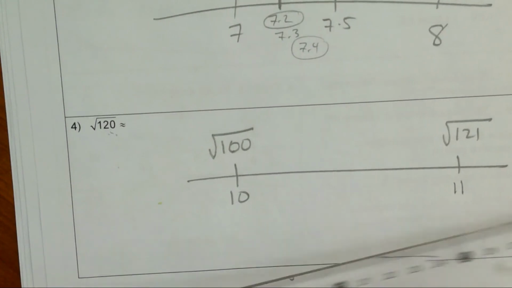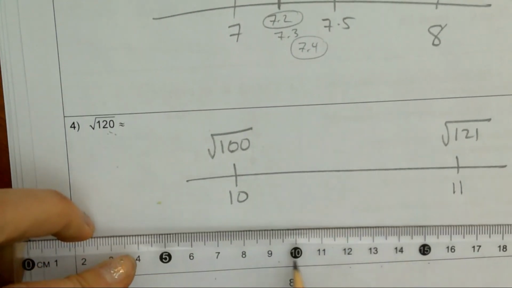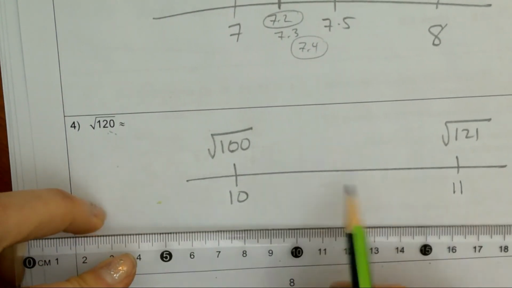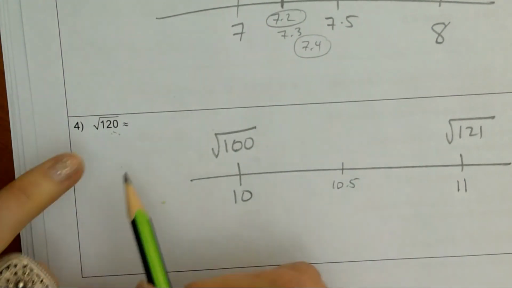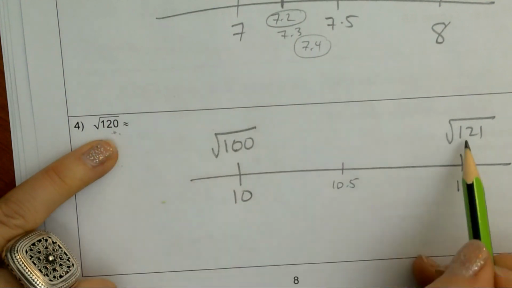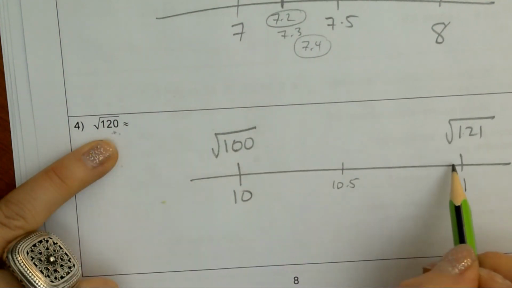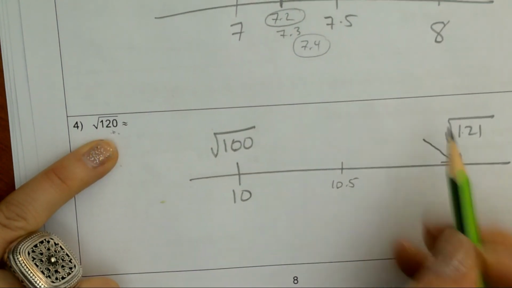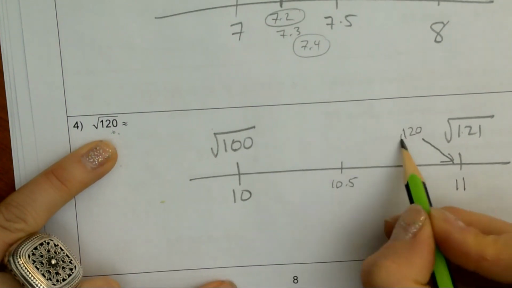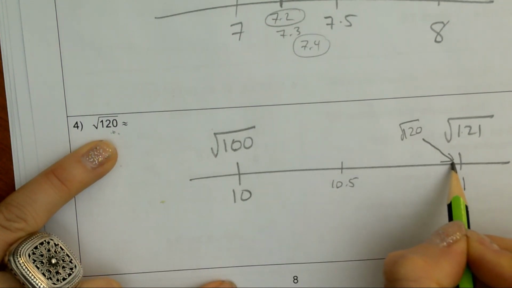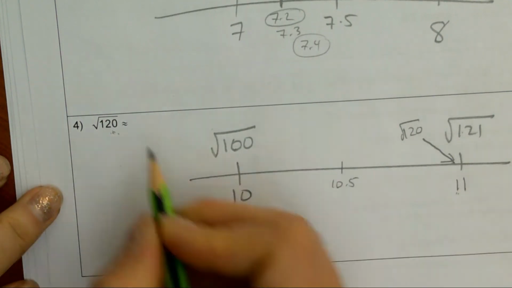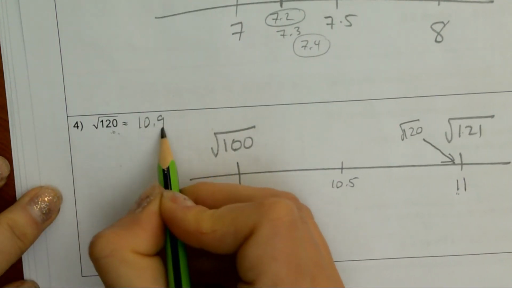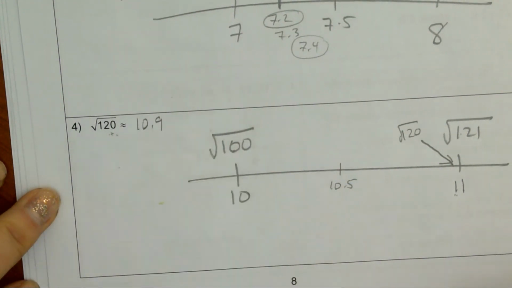So now we're between 10 and 11. Halfway between 10 and 11 is 10.5. Oh, I can see right away it's closer to 121. The square root of 120 is somewhere here. It's very close to 11, but smaller. So I'll say about 10.9, because it's almost 11.